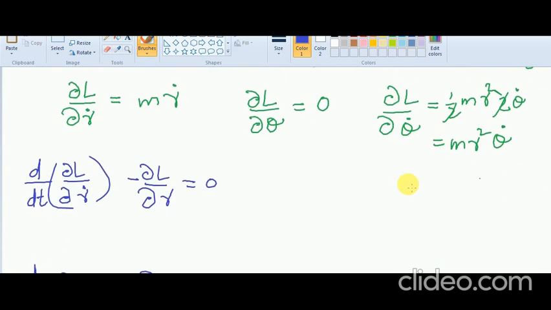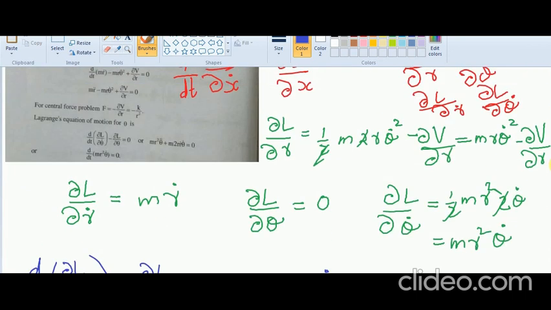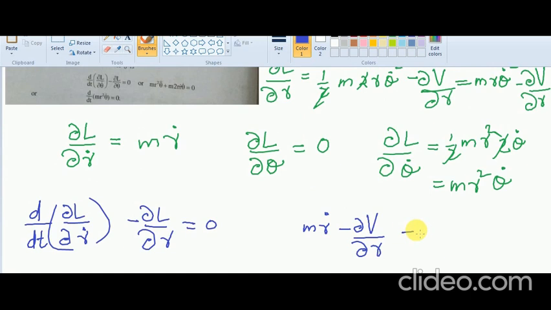Okay, so we can substitute m r dot, minus dou v by dou r, then minus dou L by dou r. I think I made a small error here. Just a minute.